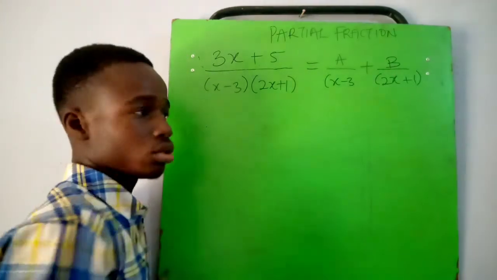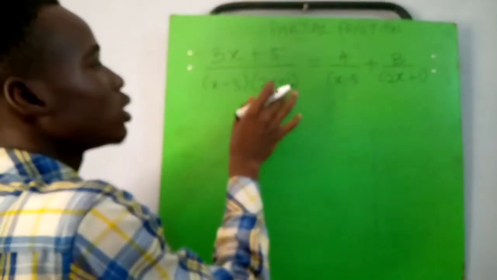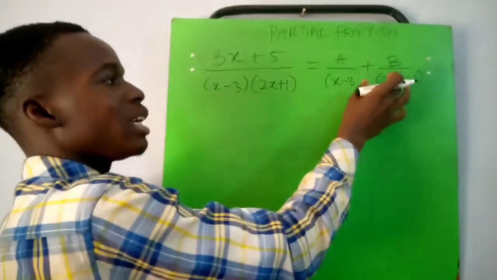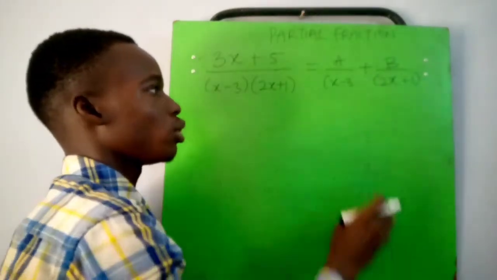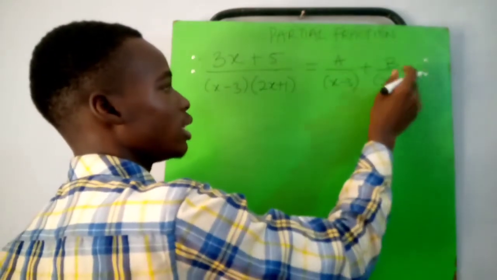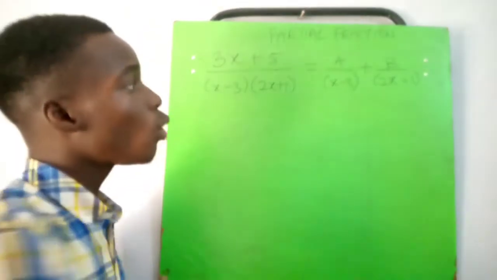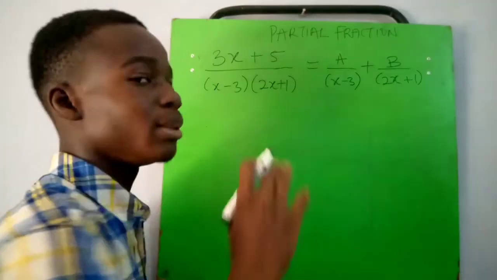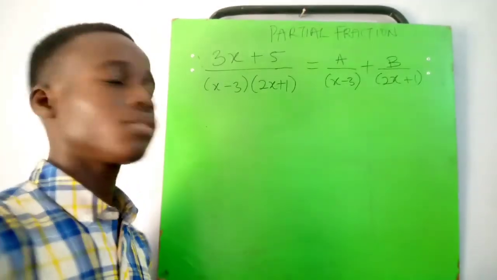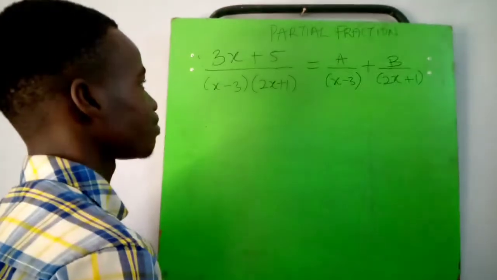So this is what we are meant to do: express this fraction as a summation of its partial fractions. When added, it gives us this, but we don't know the values of A and B, so that's what we'll be solving for in this question.